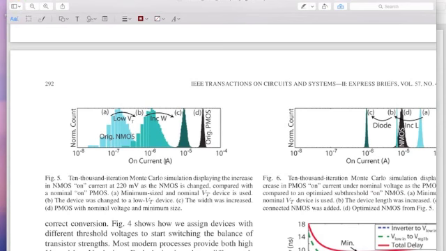So this graph answers that. So what they have done here is that they have broken down the contribution of each of the techniques. So this is the original circuit where what they are plotting is the on current of the NMOSes, the pull down NMOSes, and this one out here, D, is the strength of the PMOSes, pull up PMOSes.